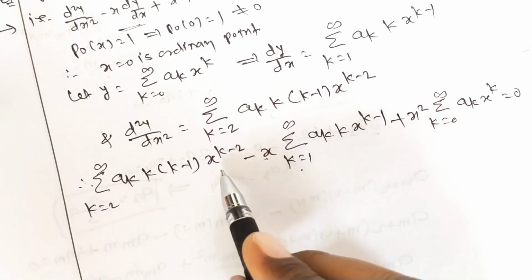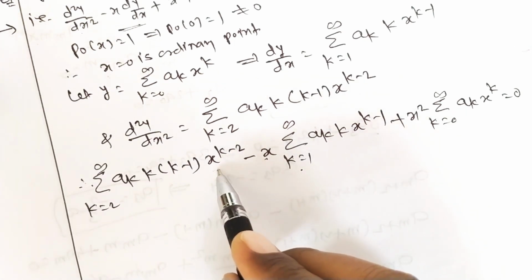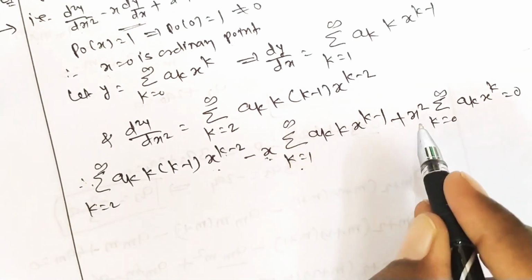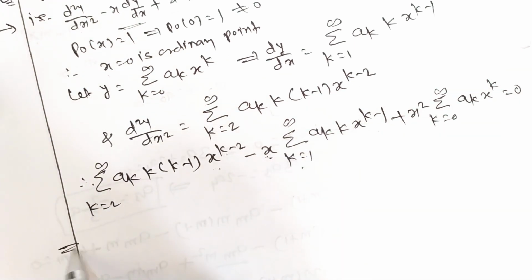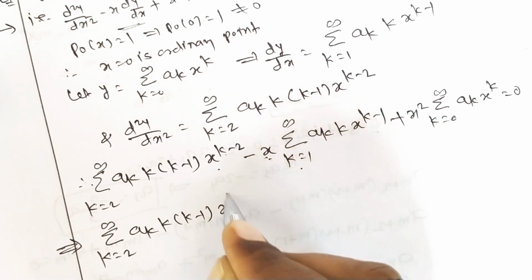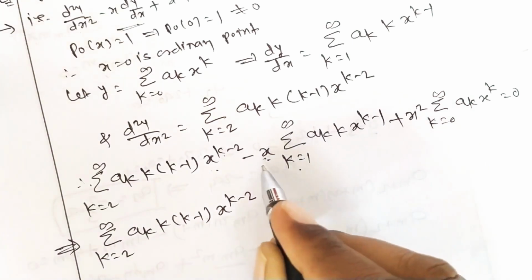Now we have to make the power of x as m in each series. First here x multiplies, here x² multiplies, so write one more step here: summation of k varies from 2 to infinity ak k (k−1) x^(k−2), write as it is.